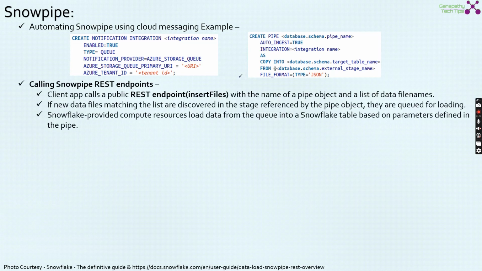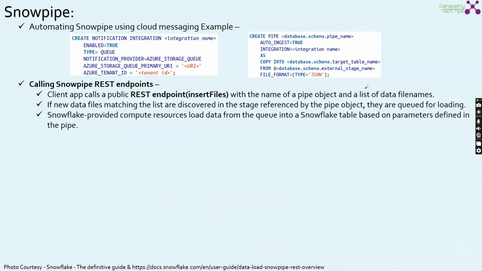Now moving on to the second option of loading the data via Snowpipe, which is by calling the REST API endpoints. So instead of using cloud-based messaging queues, you can very well use the API methodology to call the Snowpipe via the API, and also you can ingest the data. So what we can do, a client app can call the REST endpoint, which is the insert files REST API endpoint, with the same name of the pipe object and the list of the data file names.